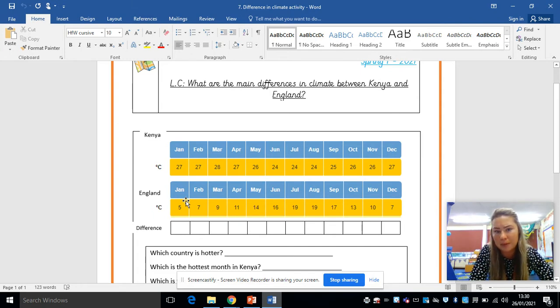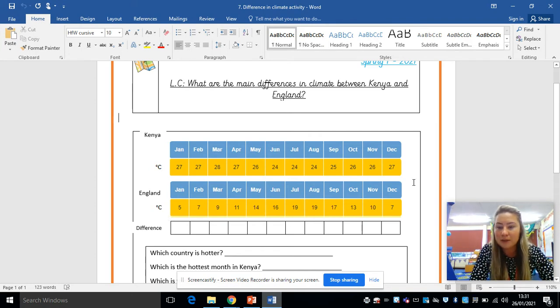Now, have a think for a minute. What maths vocabulary is finding the difference? Is it addition, multiplication, division, or subtraction? So, finding the difference is subtraction. So you're going to take the largest number and you're going to subtract the smallest number and find the difference between the temperatures.